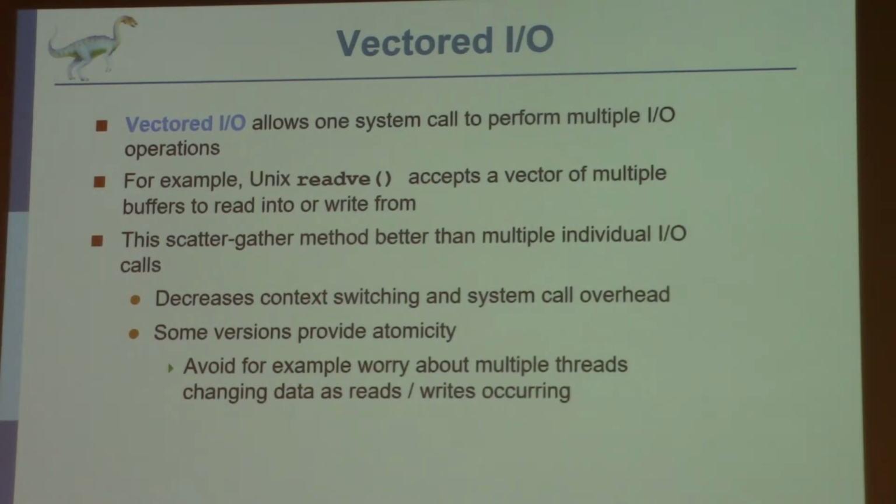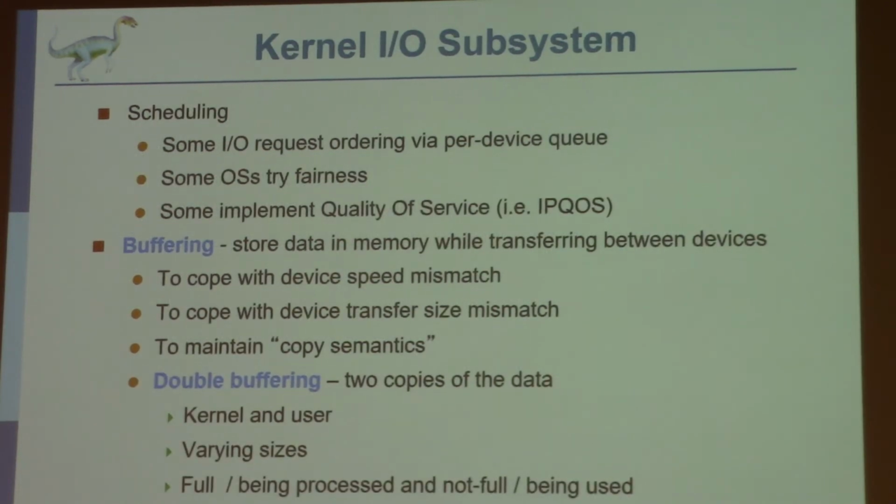So sometimes I/O is not just read byte by byte by byte. It will happen together. So we can do the vector I/O, that is a kind of grouping of the data input and output. Whenever you see the VE or V, that is a kind of grouping together such an operation.